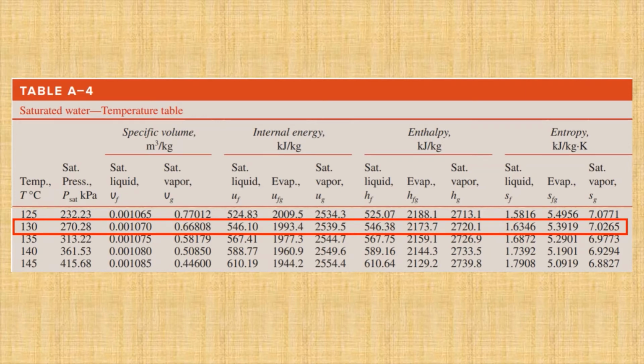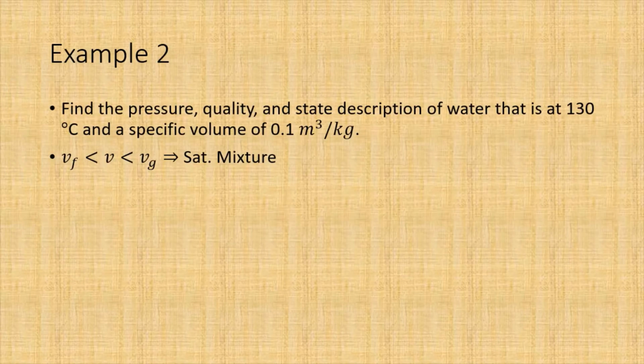We notice that the given specific volume, v, of 0.1 meters cubed per kilogram is higher than vf, but lower than vg. This means that our state description is a saturated mixture. Also, this implies that the pressure is equal to the saturation pressure corresponding to 130 degrees Celsius.